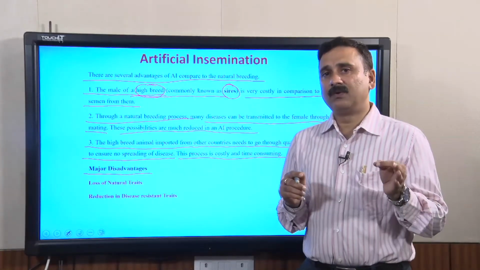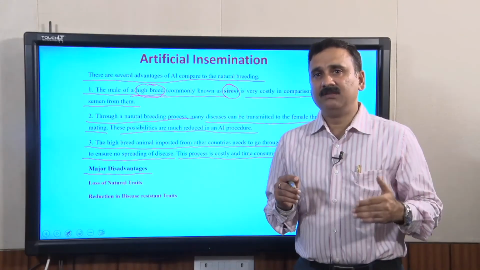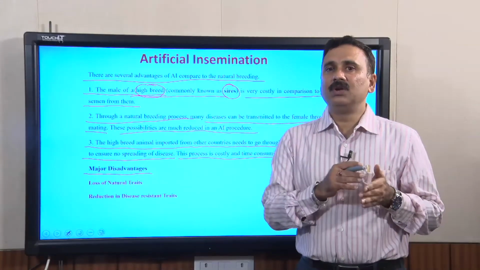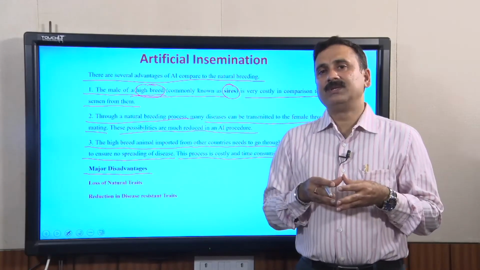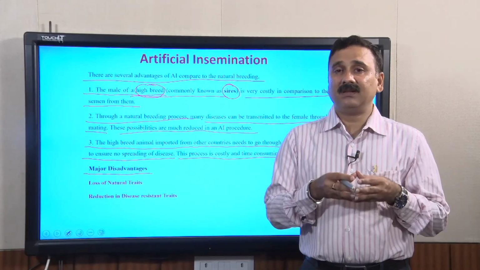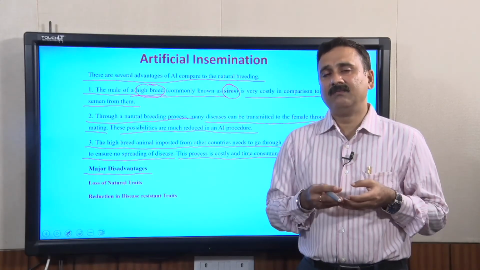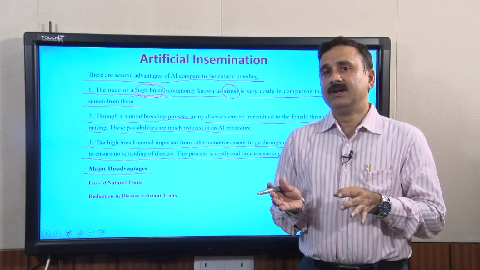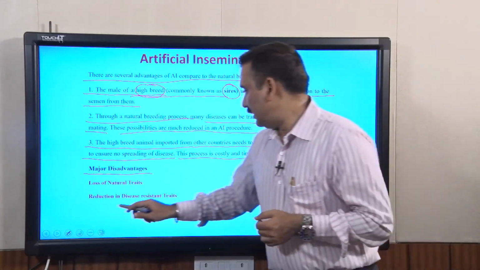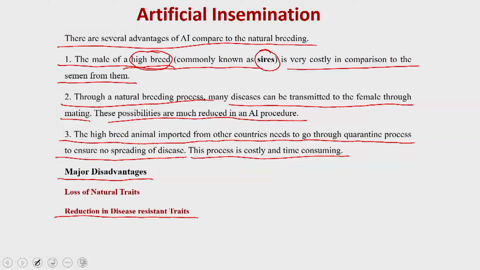As a result, if you reduce our own animals, you are going to lose the traits which are available in these animals, and these traits are important because some of them might be very important in providing disease resistance. So, you are going to lose the natural traits to combat the environmental conditions, as well as the natural traits to take care of disease.